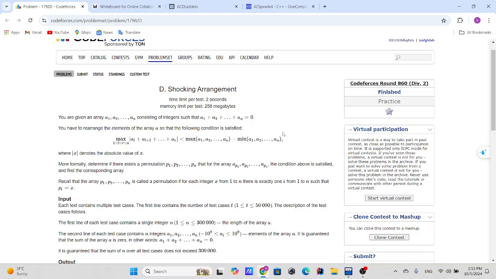How can we satisfy this condition? Max from left to right is smaller than the max of. How do we actually do it?